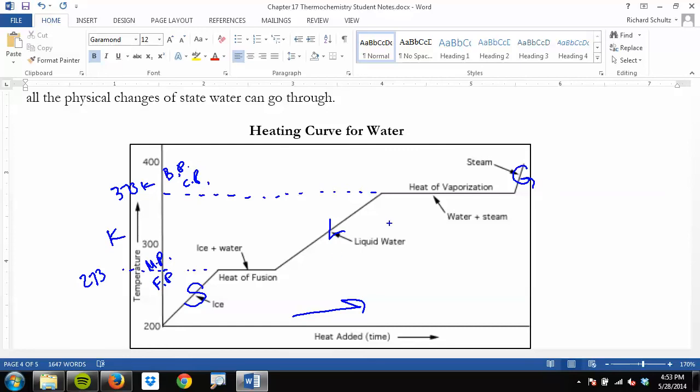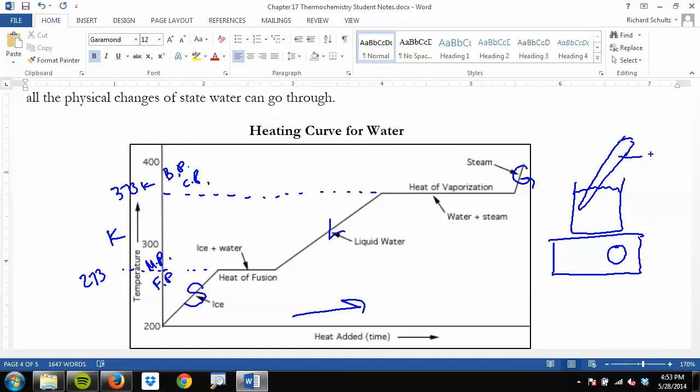So this goes back to chapter 13 when we talked about the idea that if I have a hot plate, I've got some water on that hot plate, and I've got this knob that controls how hot something is. So I've got this water on the hot plate, and I've got a thermometer sitting in the water there. That's a horrible thermometer, but you get the idea. This should say 100 degrees Celsius if it's boiling.